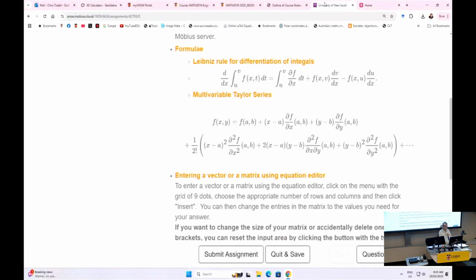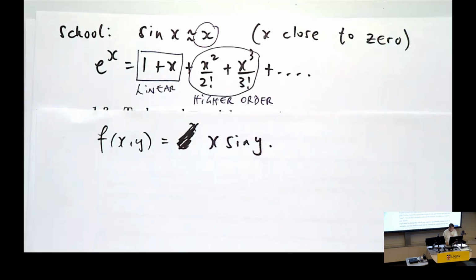Okay. All right, so let's just go through it super simple, and it's just basically an exercise in computation with partial derivatives.